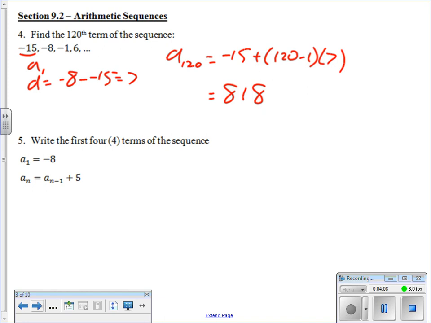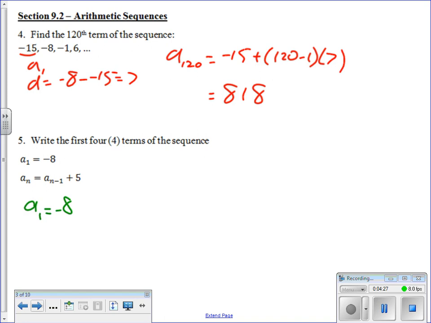Next one, write out the first 4 terms of the sequence. The most common error that students make is not listing the first term. Your first term is -8.